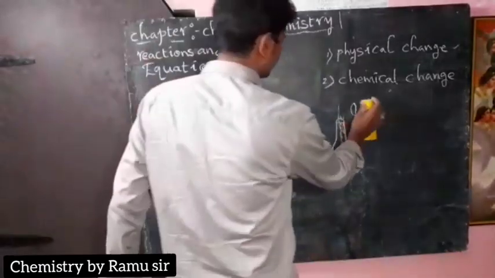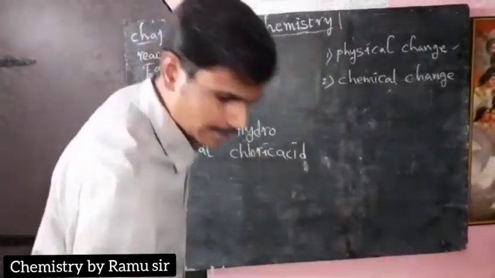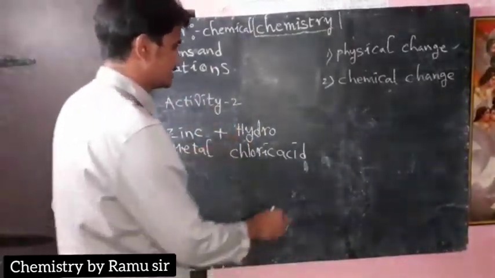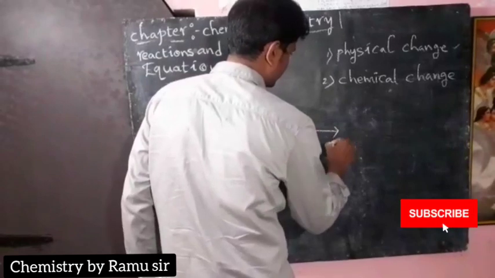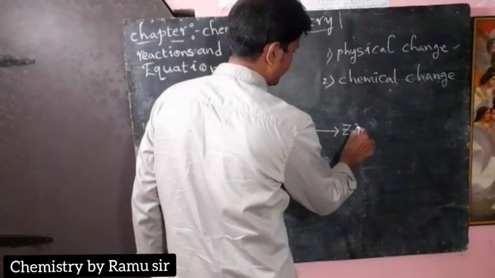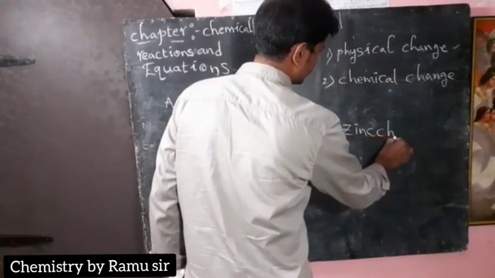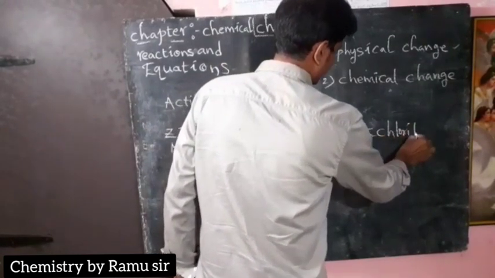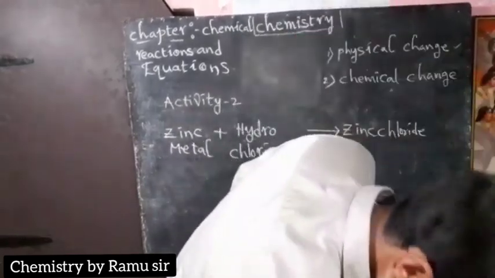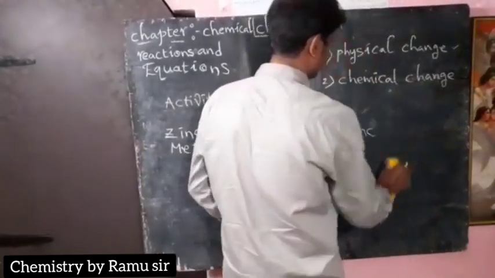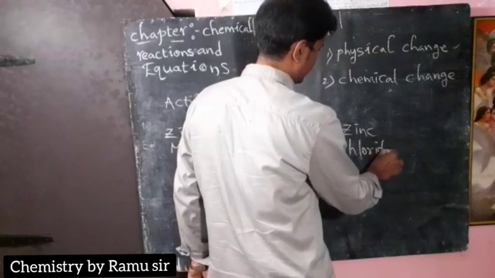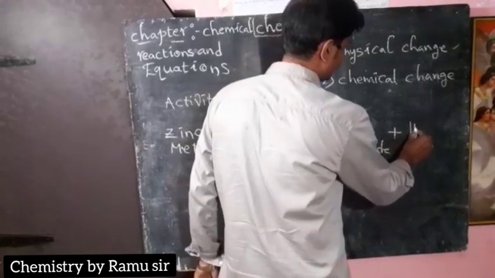Let us see the reaction. When zinc metal reacts with hydrochloric acid, first of all it forms zinc chloride, along with hydrogen gas.